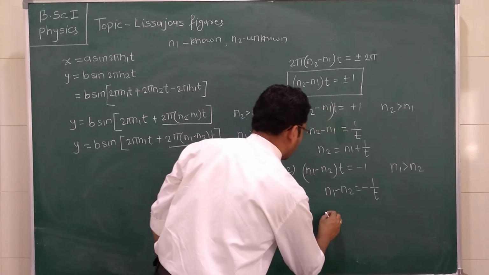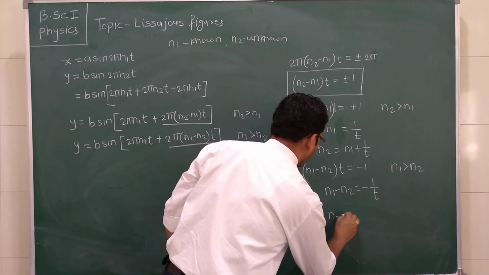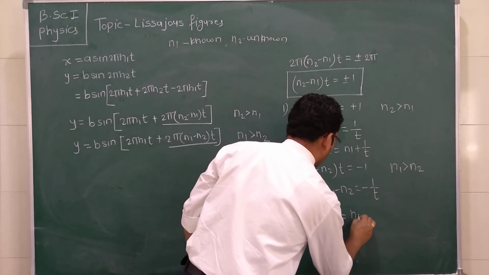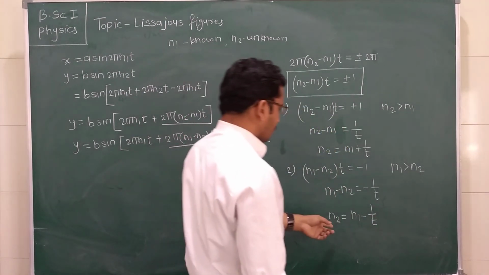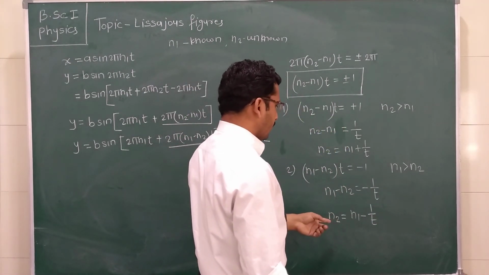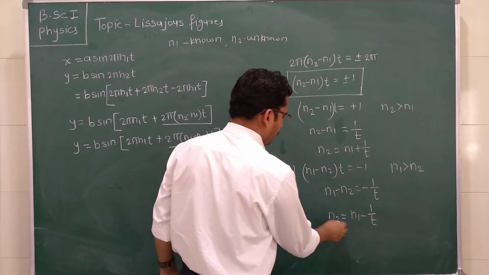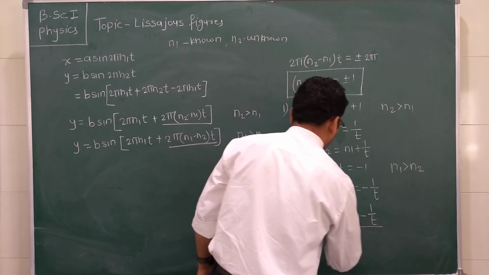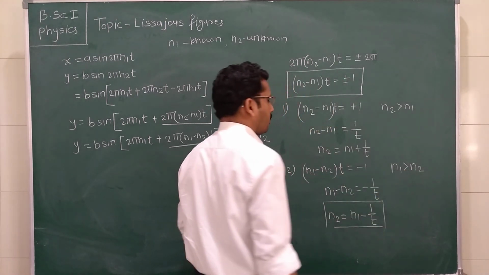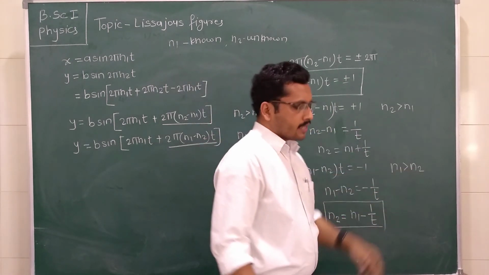So we can write n2 is equal to n1 minus 1 by t. So this is the equation when n1 is greater than n2, and in the earlier case n2 is greater than n1.